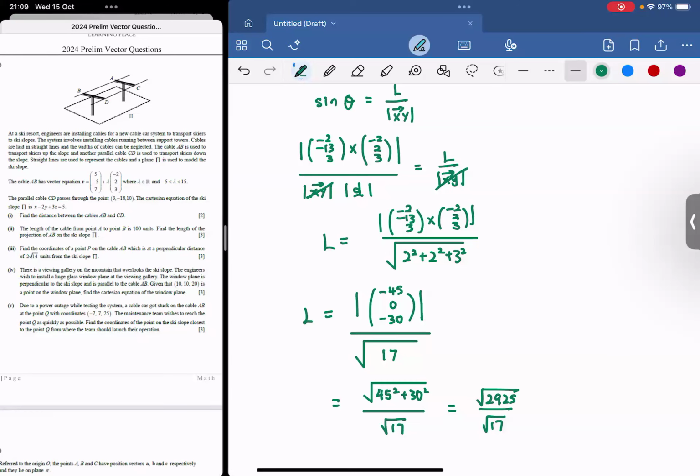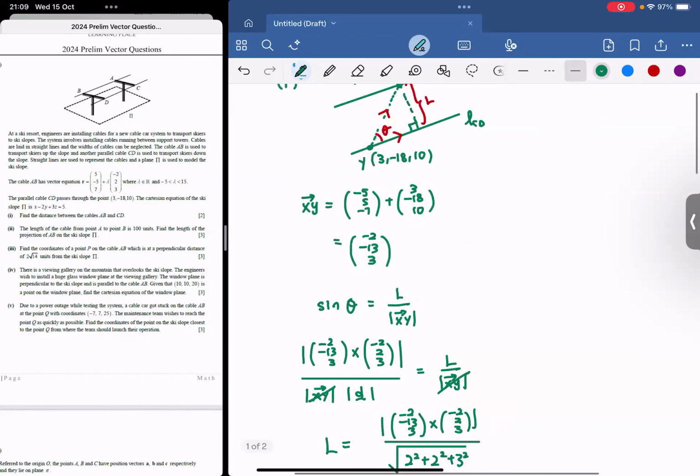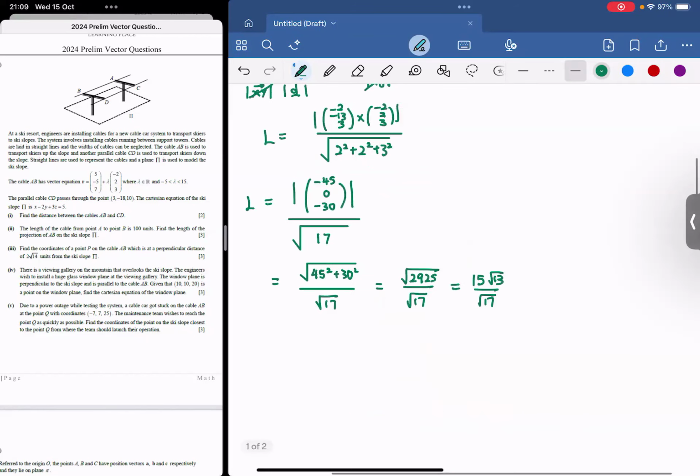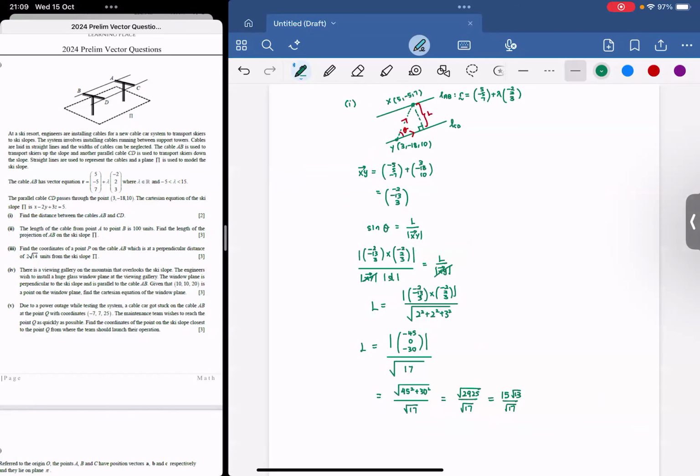So it's 15 square root 13 over square root 17. Any questions so far? So that's the distance between your line AB and CD.